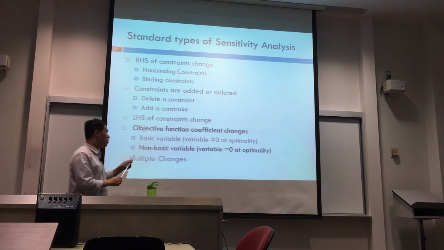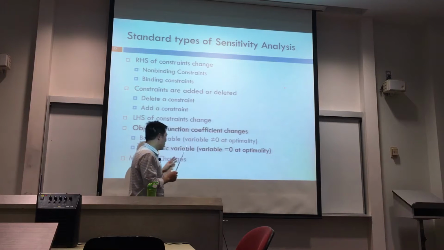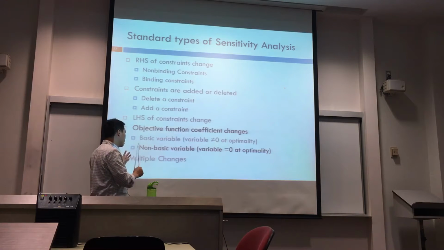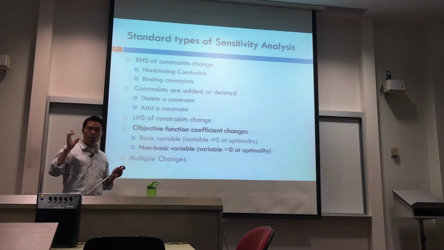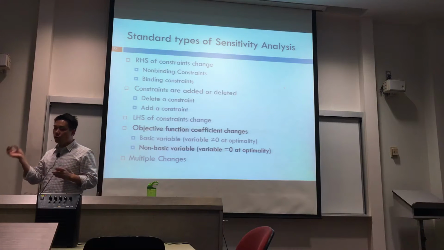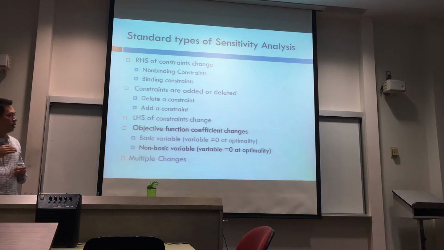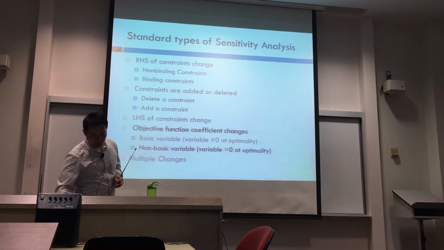Basic means the variable is not 0 at optimality. If the variable is 0 at optimality, that means it's a non-basic variable. So how a change in coefficient will change the optimal solution depends on the type of variable it is. Okay, so let's check it out.